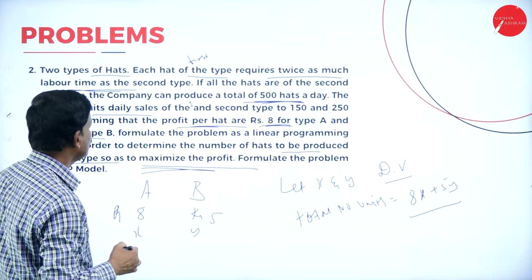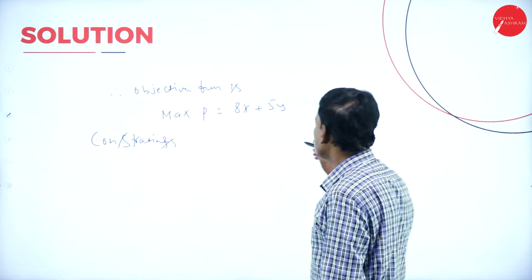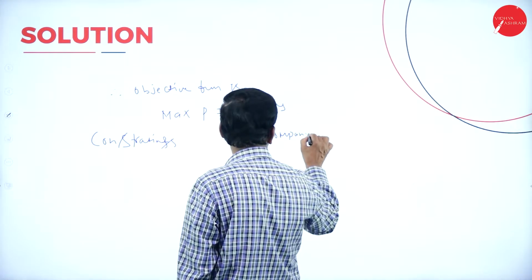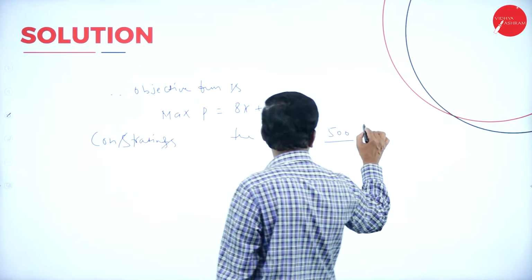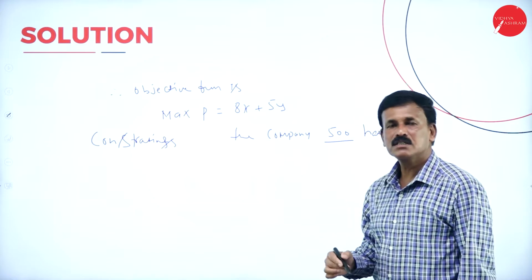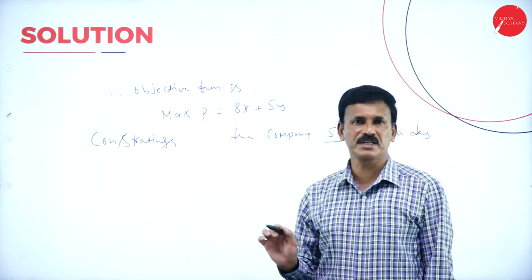What are the constraints given here? The company can produce a maximum of 500 hats a day. The number of hats it can produce per day is 500.